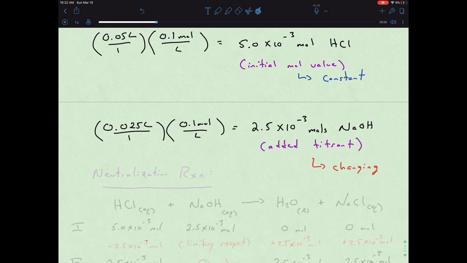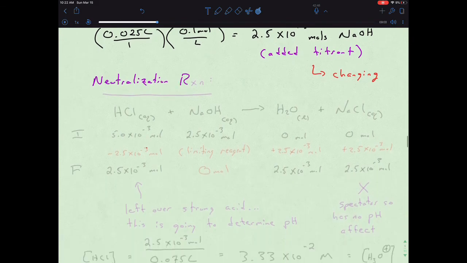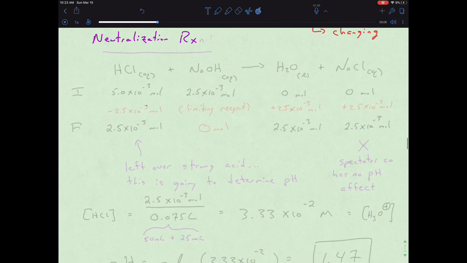So here is where we now use our neutralization reaction to define now what is left over as a result. So we have our two starting materials, the HCl that we're titrating, the sodium hydroxide, that's the titrant, and that's going to produce water because of the neutralization reaction, and then salt as a byproduct.